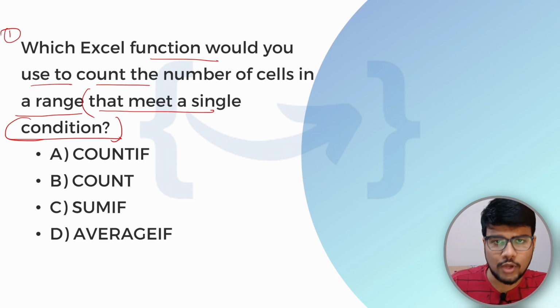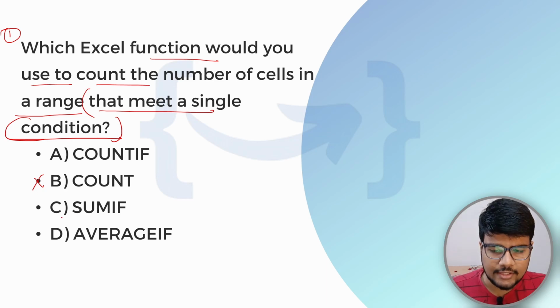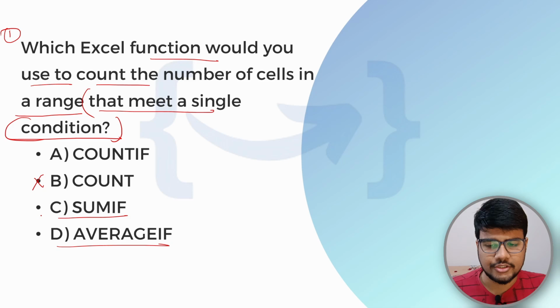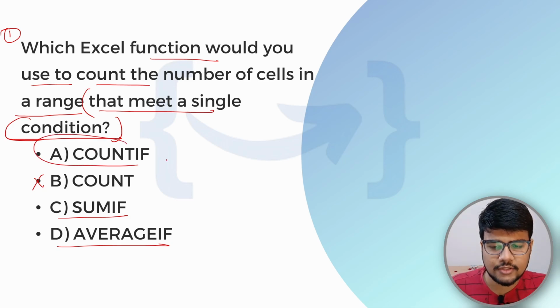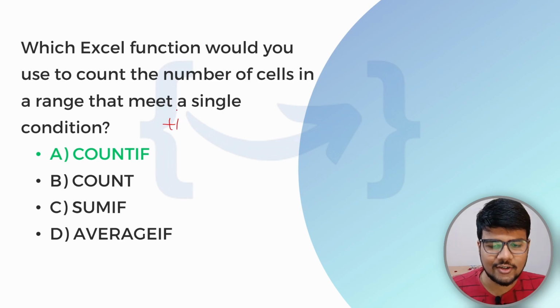If your marks are well enough, then definitely you will crack the online assessment. Now, COUNTIF can be the answer because that meets a single condition. COUNT is another thing, SUMIF would do a sum, and AVERAGEIF would do an average. So I think the right answer would be A, and bingo, you have marked your answer correct. Plus 1 mark if you have marked this question right.